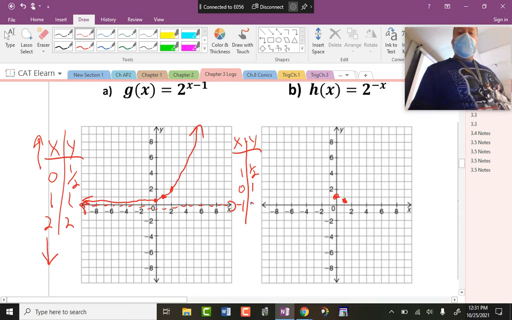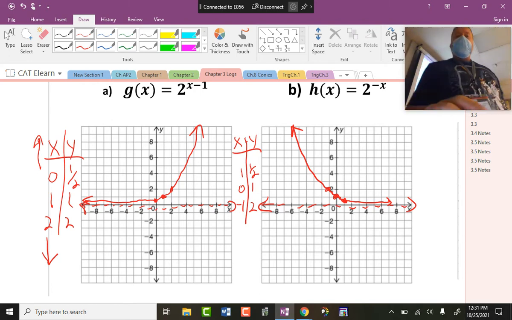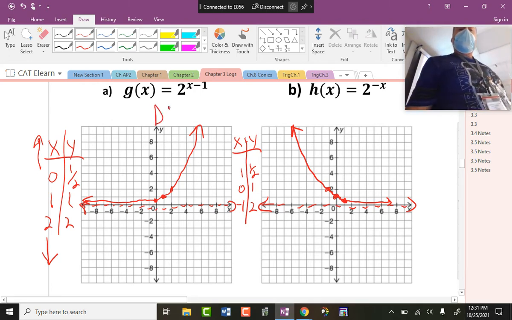This changed for this being where the graph takes off this way, and then it approaches an asymptote here. So compared to the parent, this is a y-axis reflection. This should have been looking like this, but now it's flipped over the y-axis if you had to describe the transformation.